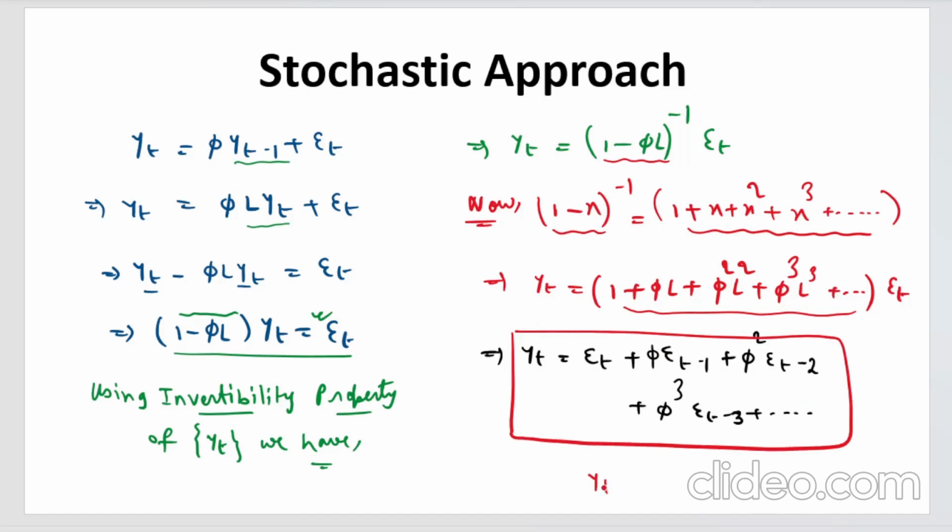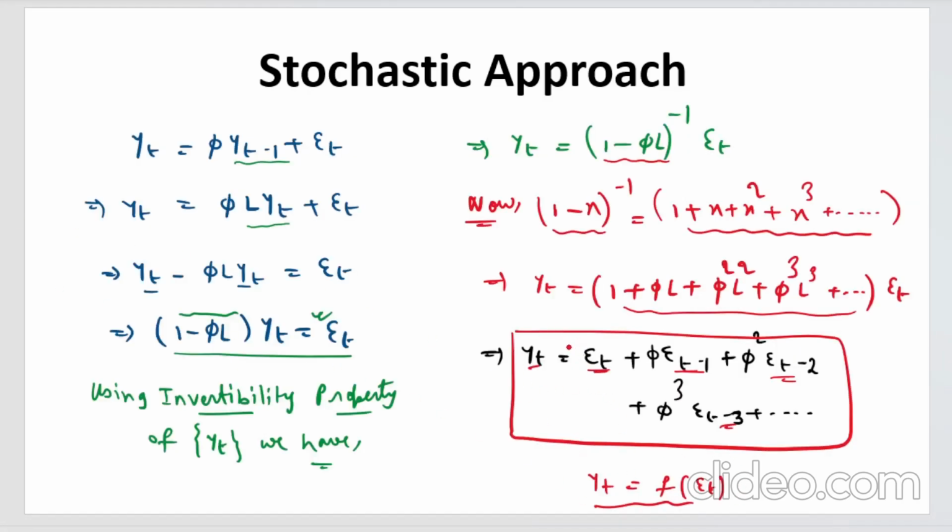Why is this so? Because here y_t is a function of only epsilon t and lag values of epsilon t. So y_t can be expressed as epsilon t plus phi, a constant or scalar term, times epsilon t minus 1, epsilon t minus 2, epsilon t minus 3. So we have converted y_t in terms of epsilon t.